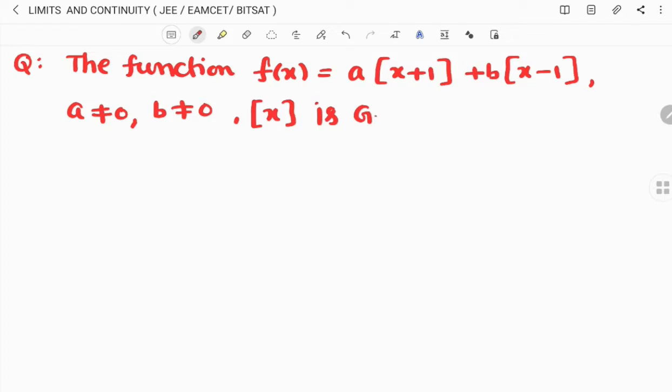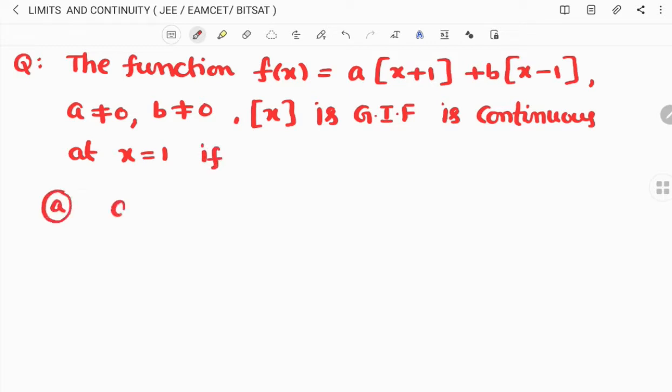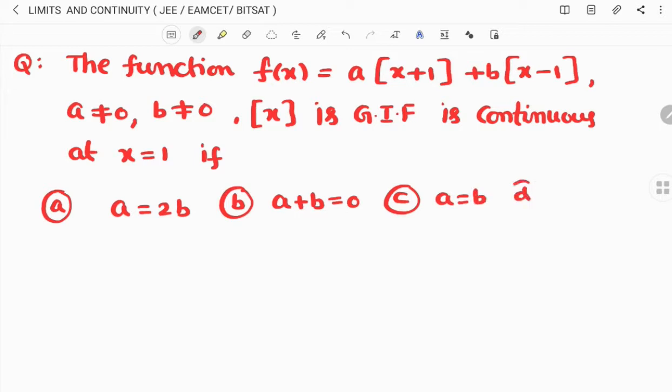You know that GIF means greatest integer function. It is continuous at x is equal to 1 if, the options are: a equal to 2b, second option a plus b equal to 0, third option a equal to b, fourth option a plus 2b equal to 0.